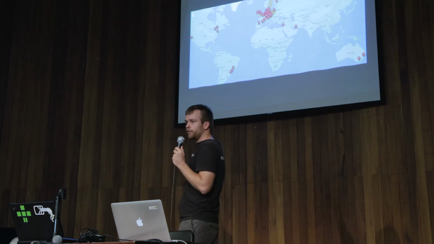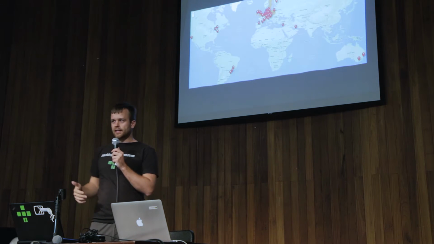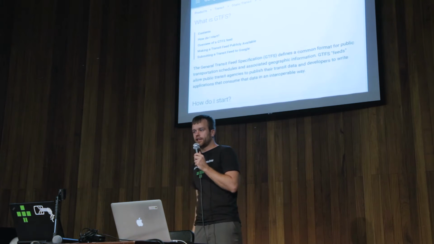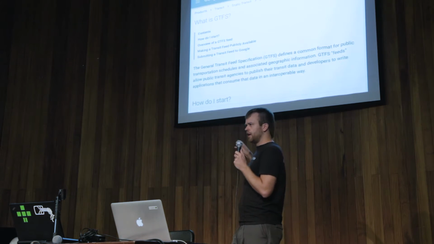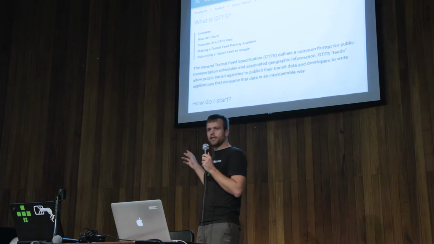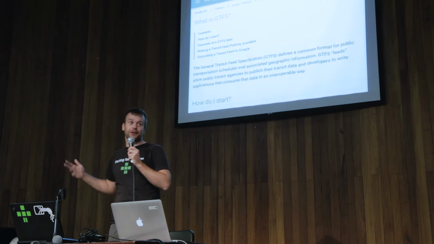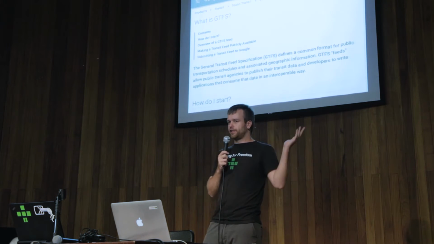But for more and more places, there is now a standard developing for public transport data. It is the General Transit Feed Specification. It was developed in cooperation with a public transport agency in Portland and with Google. It used to be the Google Transit Feed Specification, but now it's general. And everybody uses it nowadays, so it's really the de facto standard.